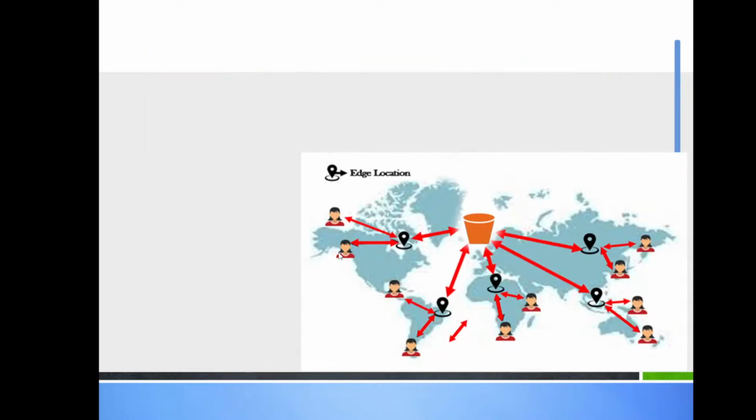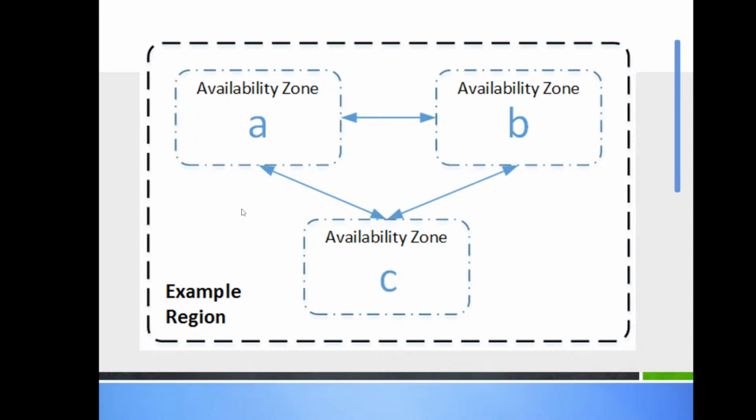Now we have understood availability zone. Here are the actual data centers. In data centers, you will find all the computers, all the RAM, all the features, all the services which are provided by Amazon, available in the availability zone.